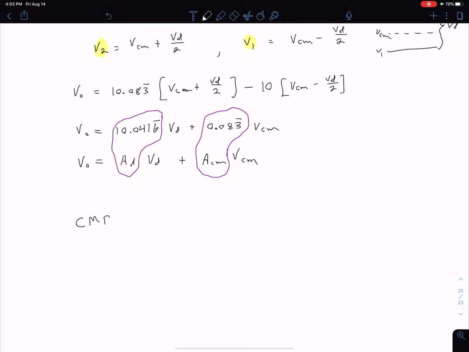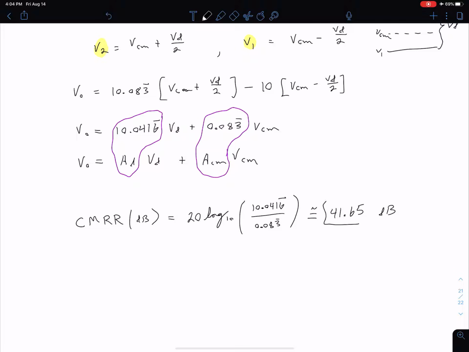The common mode rejection ratio in dB is equal to 20 log base 10 of 10.0416 divided by 0.083. If we plug that in, it gives us approximately 41.65 decibels. That would be our common mode rejection ratio for this difference amplifier.